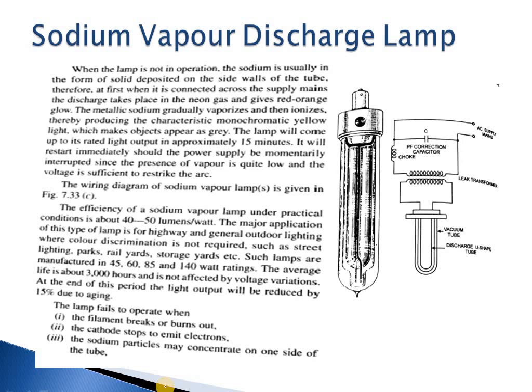That means we have to remember that when the lamp is not in operation, sodium is usually deposited on the wall of the tube, and when it is first connected across the supply mains, the discharge takes place in the neon gas and gives a red-orange glow.